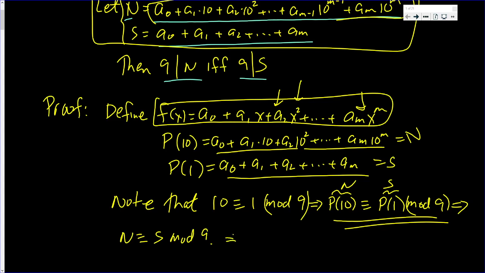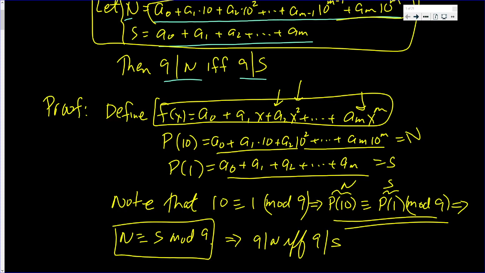Well, this implies that 9 divides n if and only if 9 divides s. That's what this statement says. 9 goes into this number if and only if 9 goes into s.